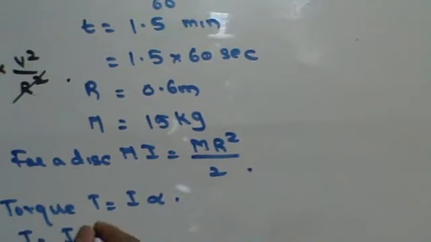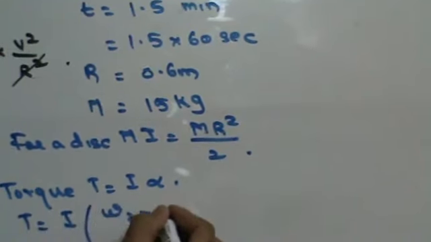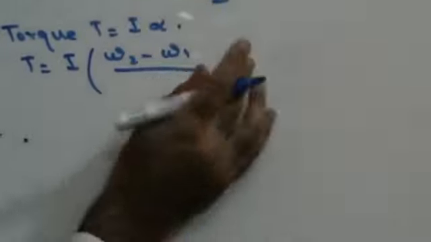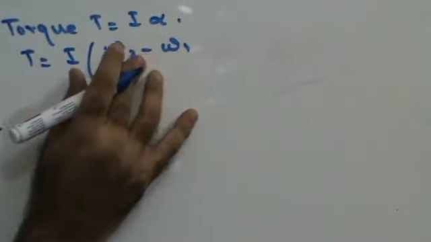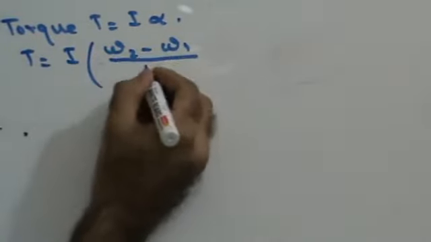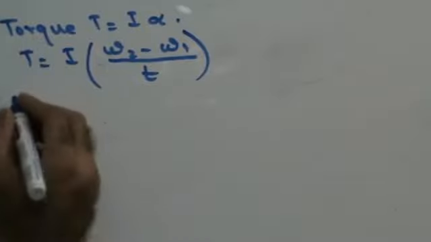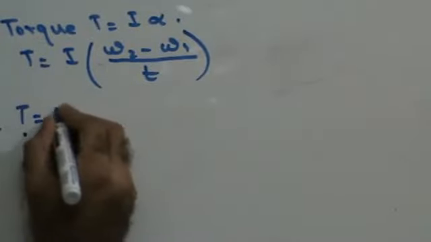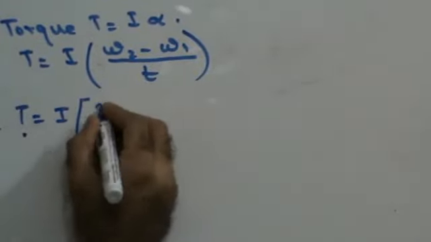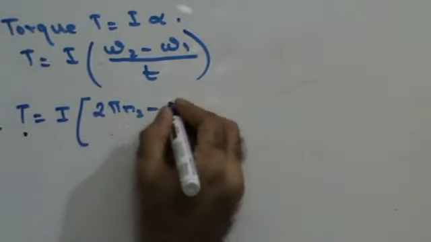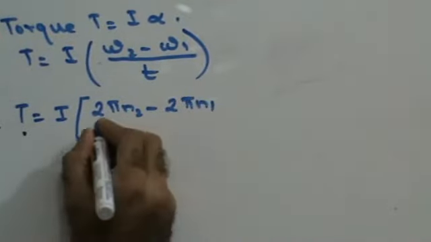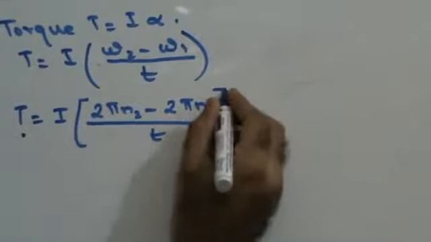So torque equals I times omega 2 minus omega 1 upon t. Omega is nothing but 2 pi n. So I can say that torque equals I times 2 pi n2 minus 2 pi n1 upon t.